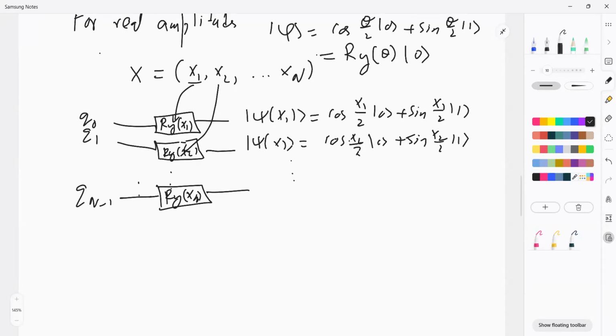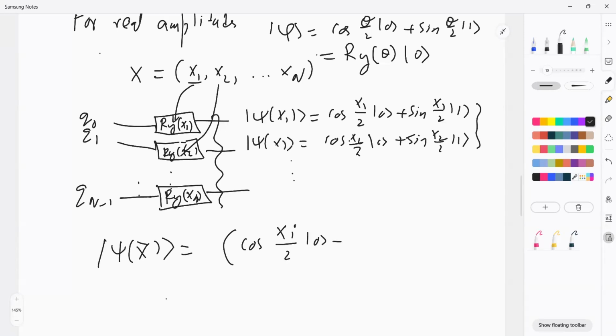So it means the overall state psi of x vector is just the tensor product of states like this. So I can write it like this: cosine xi over 2 |0> plus sine xi over 2 |1>, tensor product. That this state is repeating on each qubit, and each qubit is prepared in this state using the RY gate.